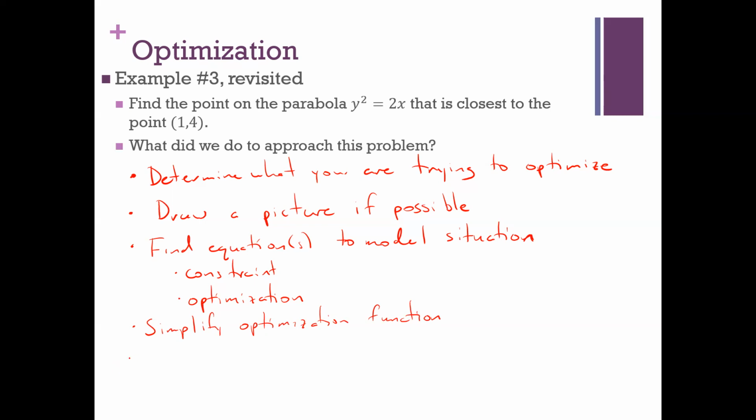How do you find critical points? Taking the derivative. Do that first. Take the derivative and find critical points. All right, so I have a derivative. I found critical points. So I found the places where the derivative is zero.